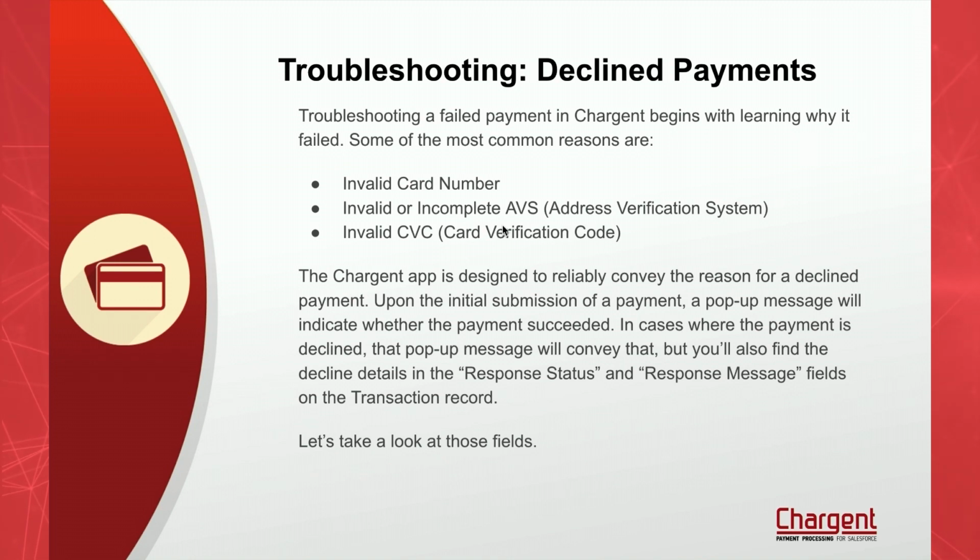Most of the time the pop-up message has an error reason in it, but those are called toast messages and they don't hang out. They appear, then they disappear. So if you want to troubleshoot this and you didn't catch what it was in the toast message, you can pop into the transaction record and you can look at the relevant fields for troubleshooting, which look like this.